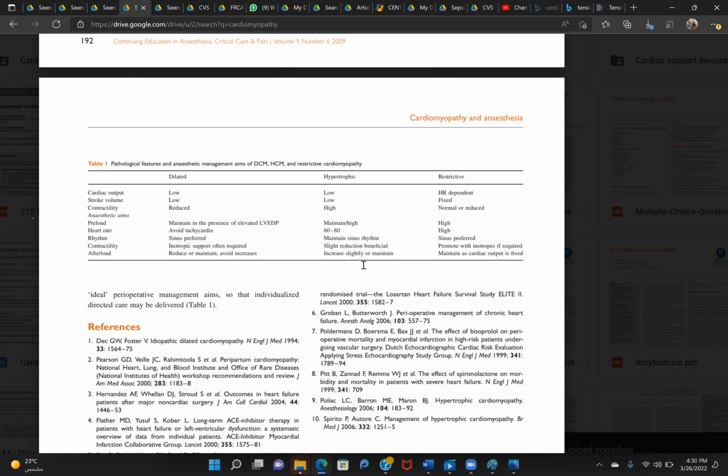And you have to maintain SVR. Don't let it go down, because if you let it go down, the similar thing occurs which we face in aortic stenosis.